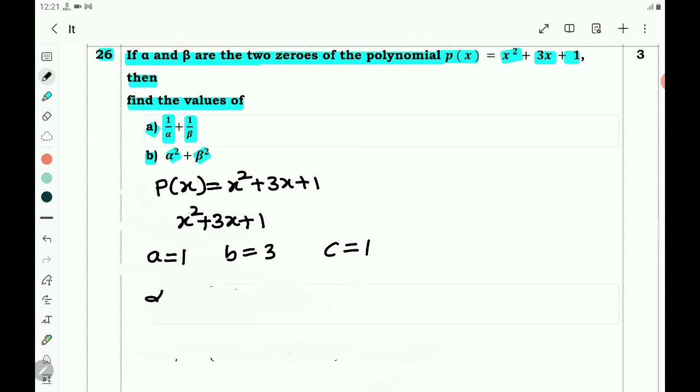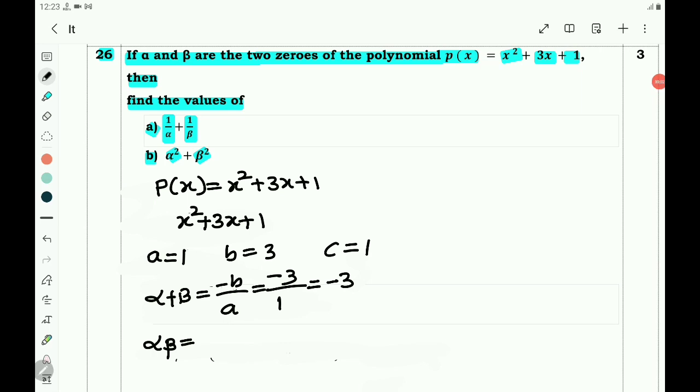Then alpha plus beta is equals to minus B by A equals minus 3 by 1, A is 1. Minus 3 by 1 is equals to what? Minus 3. Then you consider alpha beta.